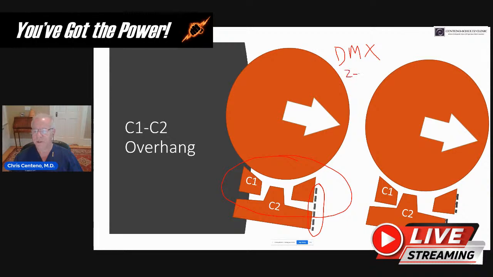If we see more than 2 to 3 millimeters of overhang, which is over here, of C1 shifting relative to C2, then that's called C1-C2 overhang, or abnormal C1-C2 overhang. That indicates atlantoaxial instability, usually relative to the alar ligaments, which normally would go up this way. So that's what we're talking about today.